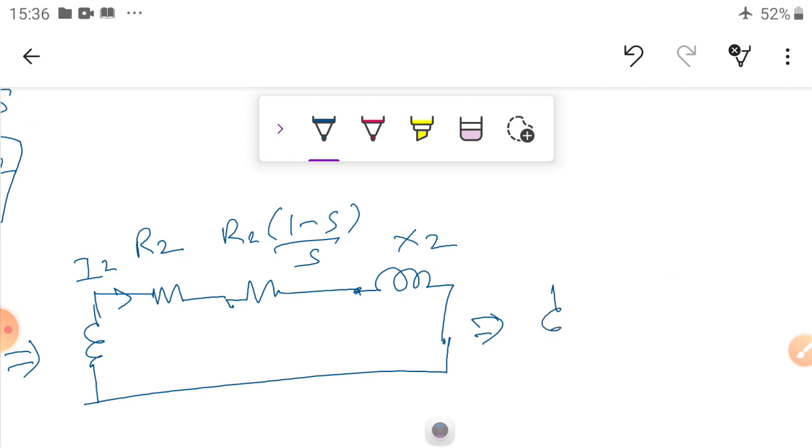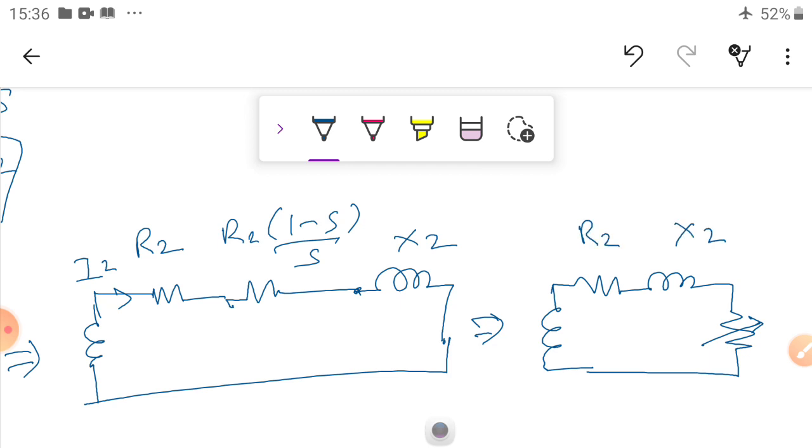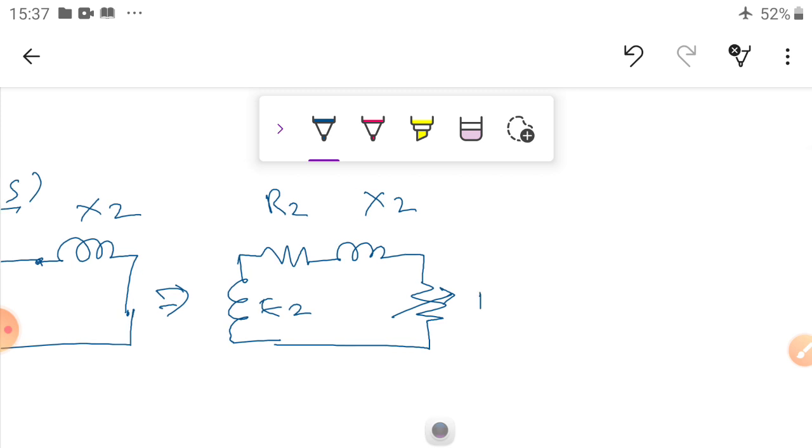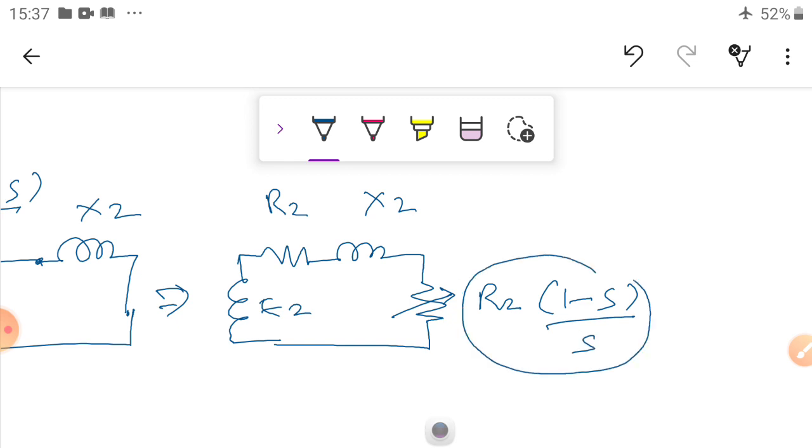So this is equal to resistance, inductance, resistance. This is the variable resistance. So this is R2, X2, E2, and this is equal to R2 into 1 minus S by S. We can say this value is nothing but RL, the load resistance.